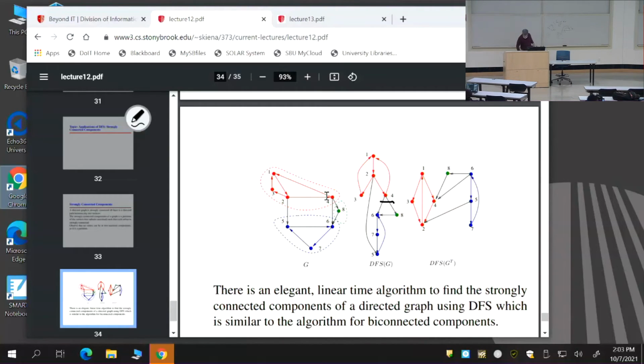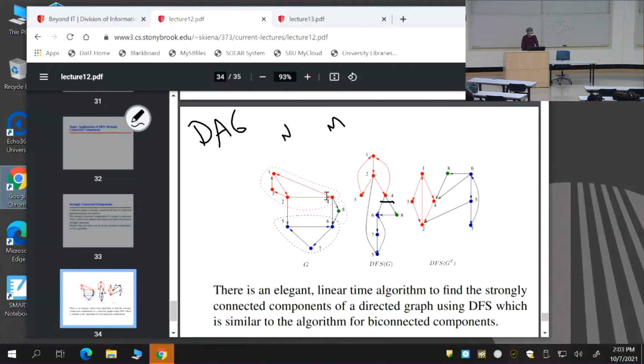Suppose I've got a DAG on n vertices and m edges. How many strongly connected components are there on an n vertex DAG? It's a DAG.